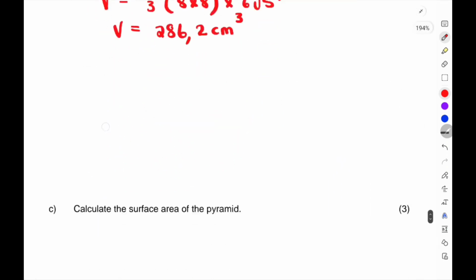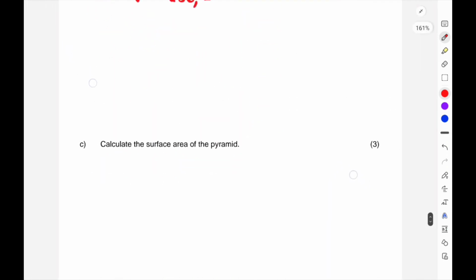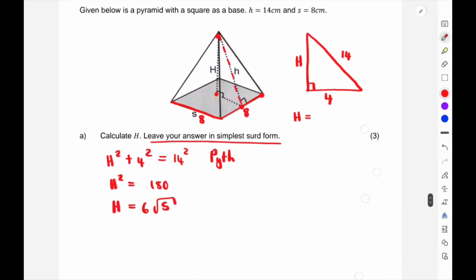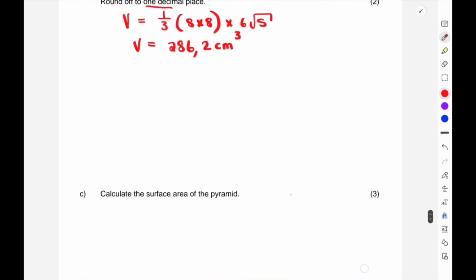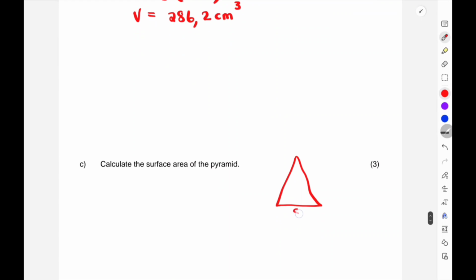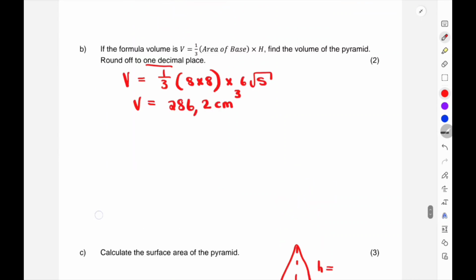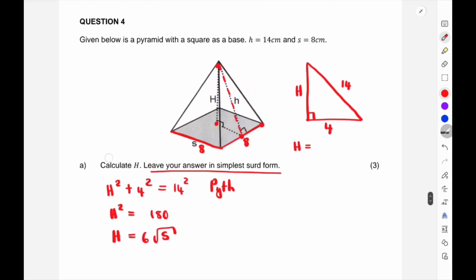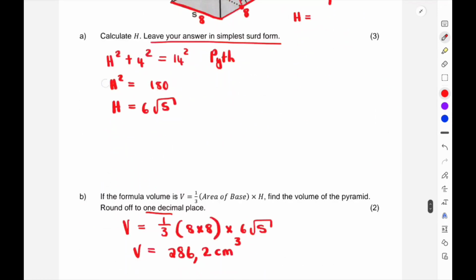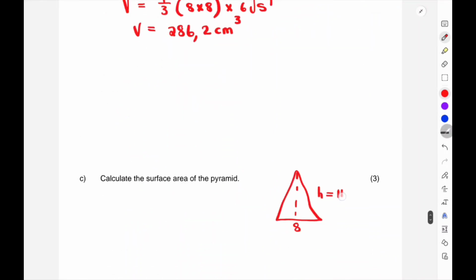Okay, not so hard. Calculate the surface area of the pyramid. So now if you've got the full triangle, the base is going to be 8, and the height is 14.